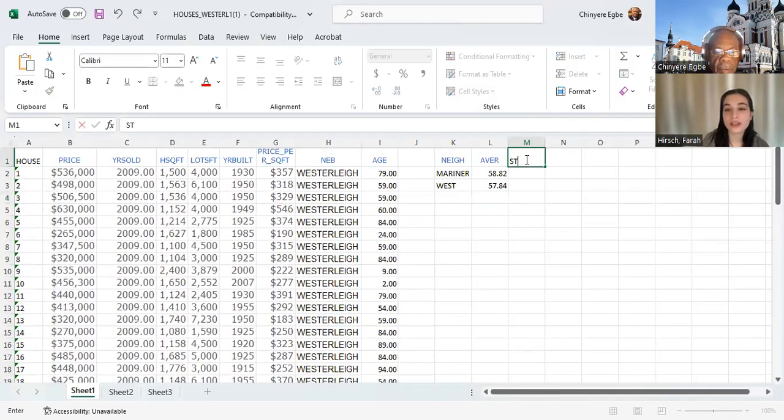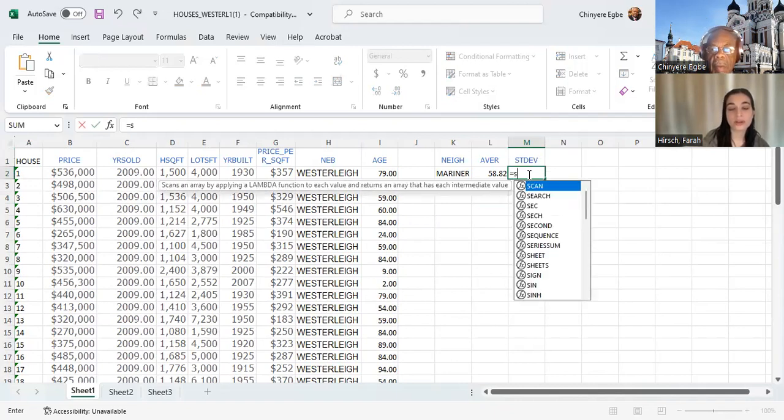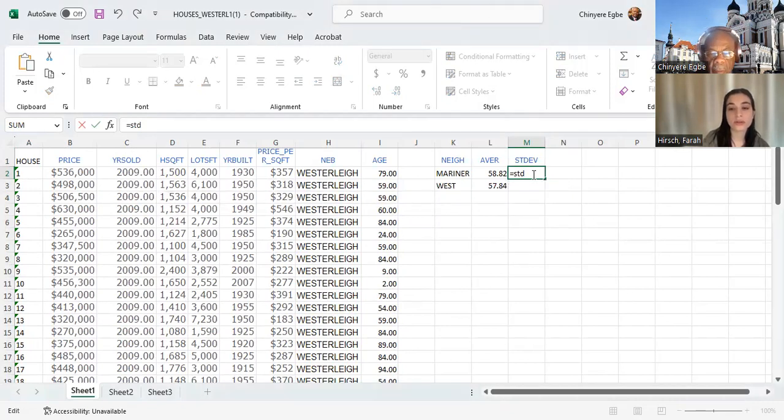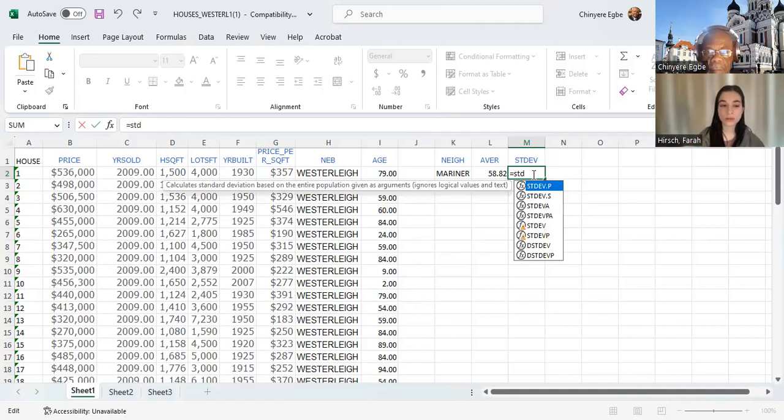Now, for each neighborhood, this is standard deviation, right? And so it was STDev dot S, right?